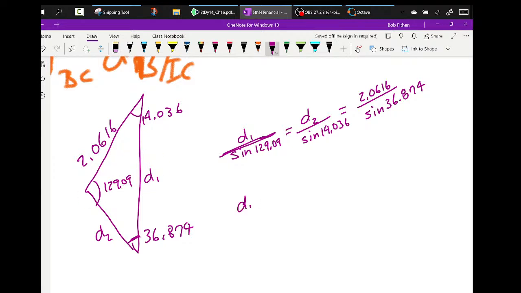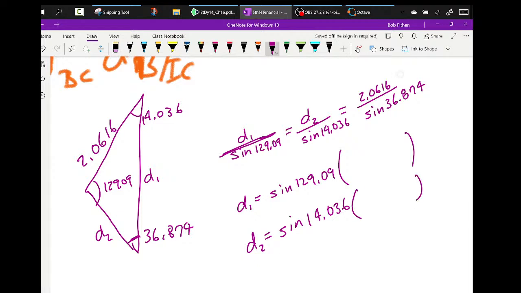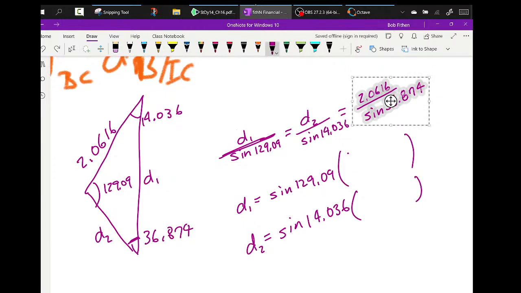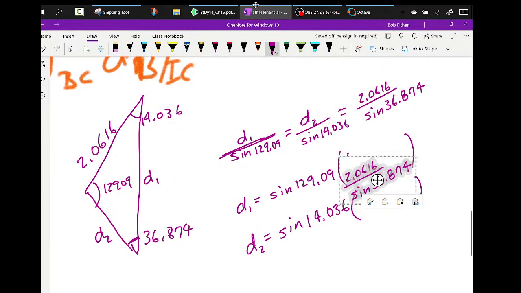So D1 is equal to sine of 129.09 times, and D2 is equal to the sine of 14.036 times, and the magic of the copy, do a copy, put it right there, and then put it right there.